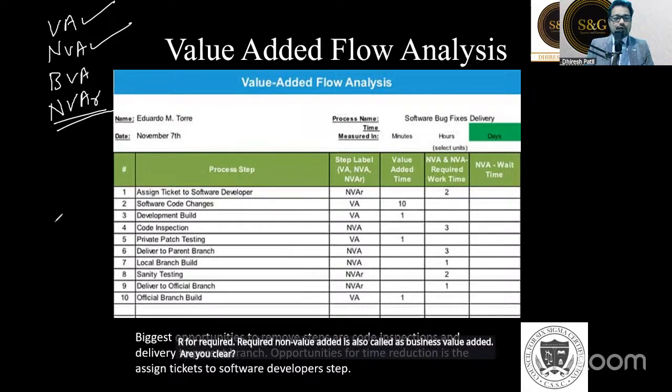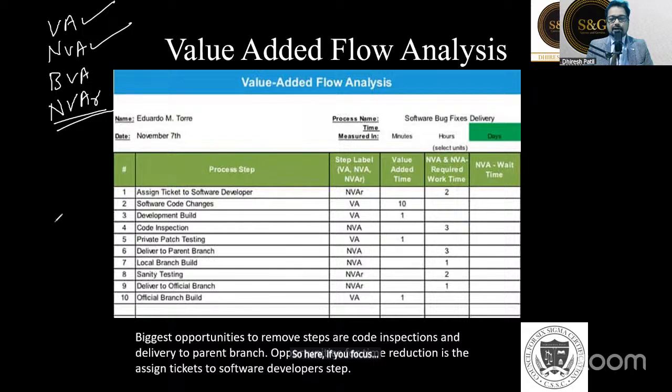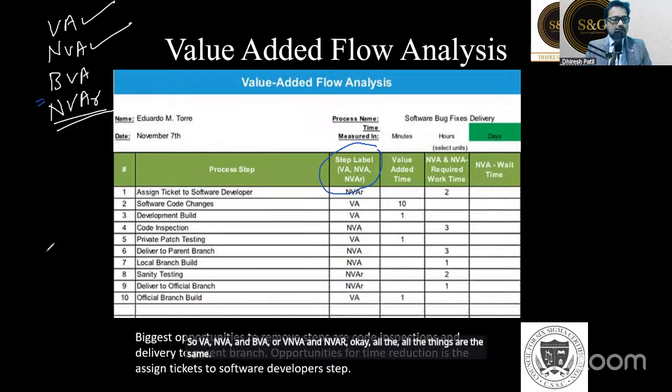So here, if you focus on their terminology, they have written VA, NVA, and NVAR. NVAR is nothing but BVA only. Clear? Just give me yes in the chat box. So VA, NVA, and BVA, or VA, NVA, and NVAR. All the things are the same. Clear? Very good.